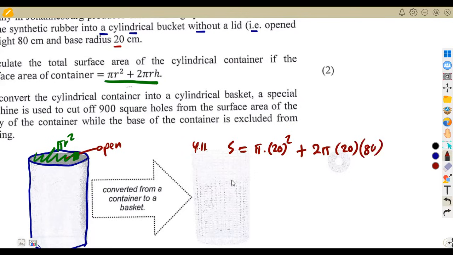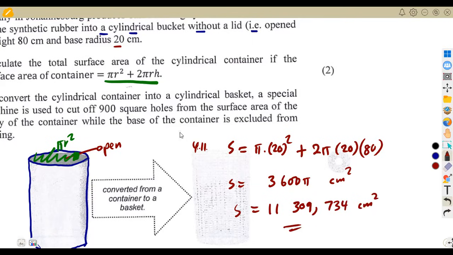All right, so if you were to simplify this, you are going to obtain 3,600 pi, in square centimeters, or you can have this as a decimal, which was going to be 11,309.734 in square centimeters if you apply this properly. But that was the condition there.